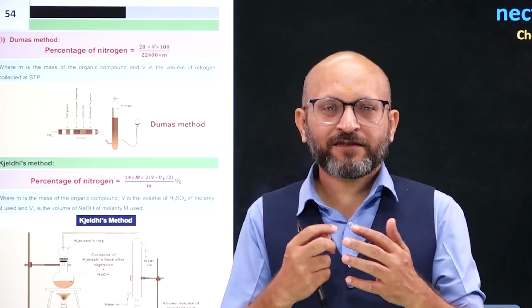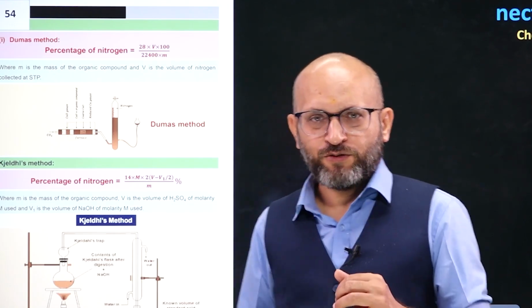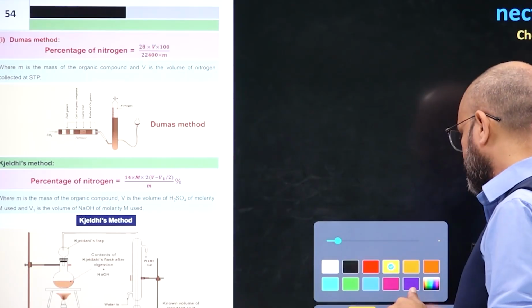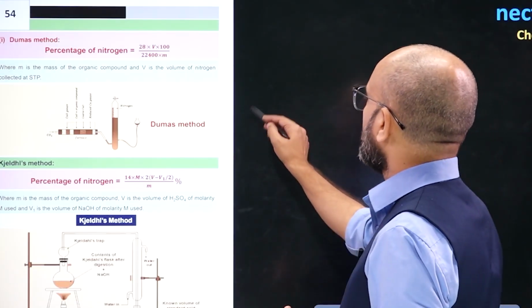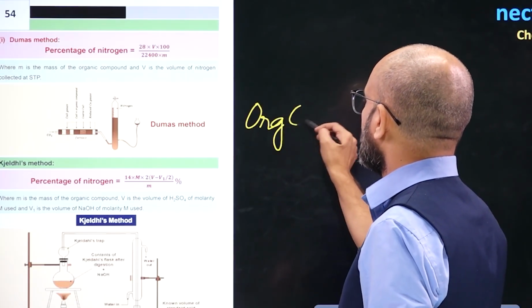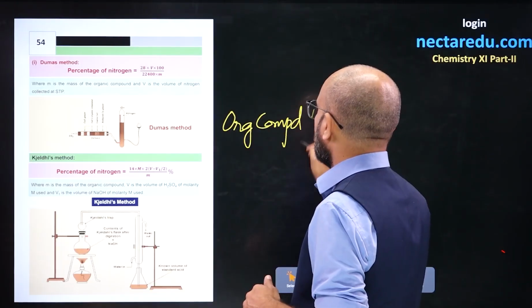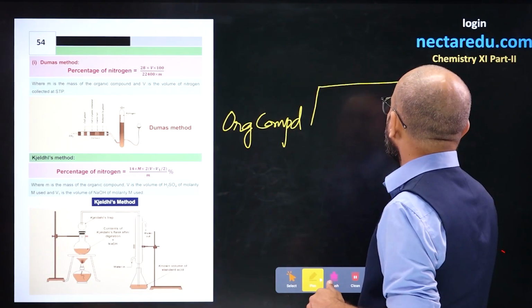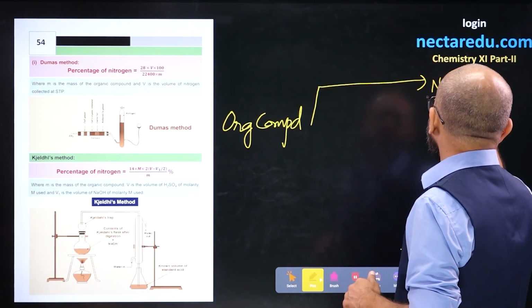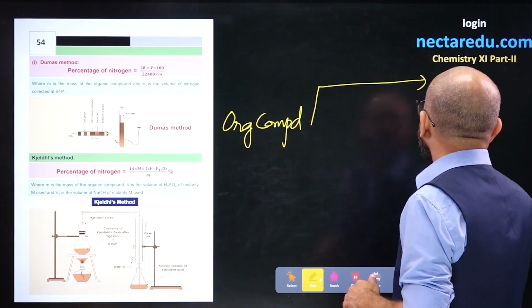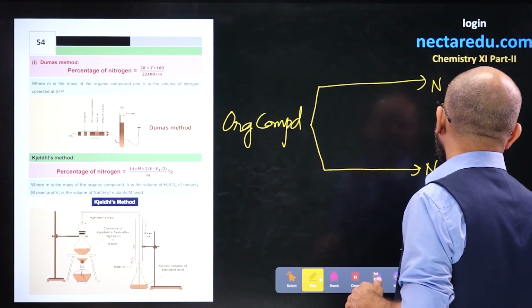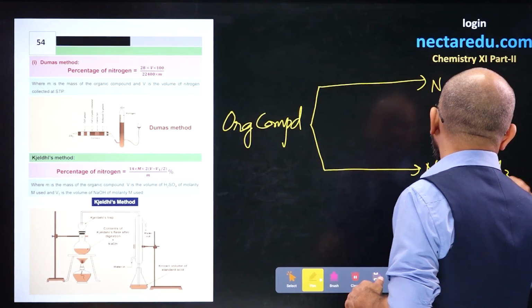Alright. So in these methods, I'll explain it over here. Come to the board. See, in the organic compound we have nitrogen, and either we convert nitrogen of the organic compound N to N2, or we convert nitrogen of the organic compound N to ammonia.